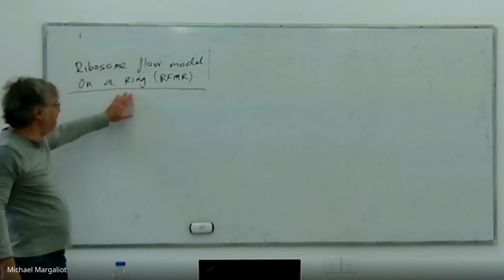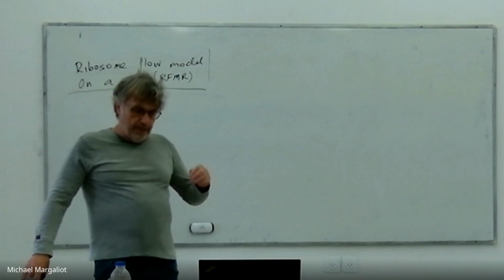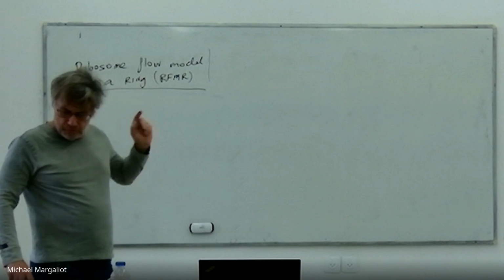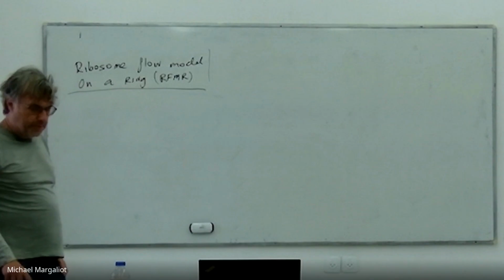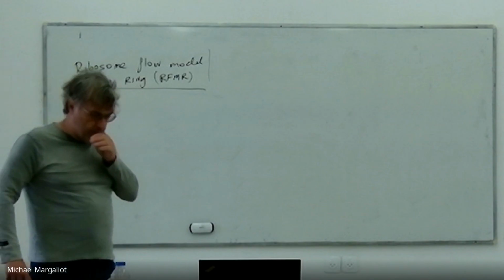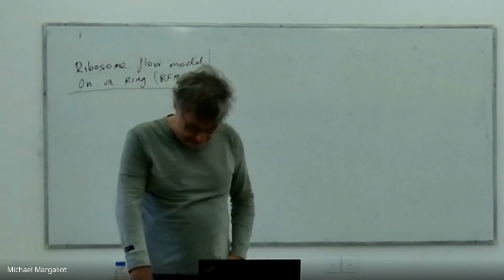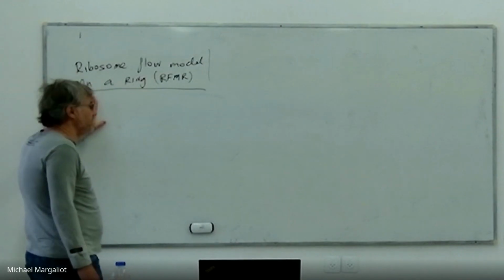In fact, from the analysis results for this model, you can get all the analysis results for the RFM. And I want to explain what this means. In particular, you can get the spectral representation for the RFM.